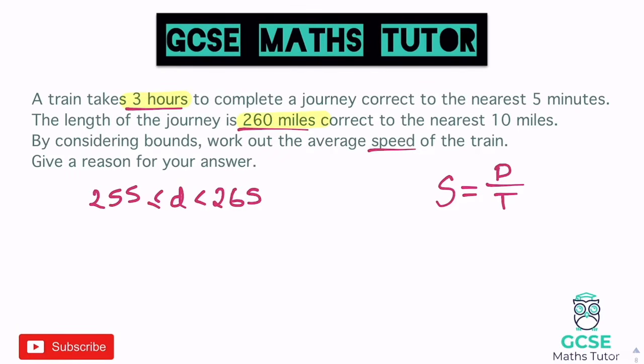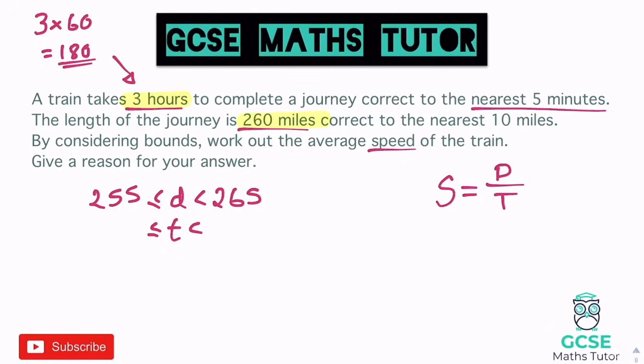Now I'm going to have a look at the error interval for the time. Now this is quite a nasty one here, okay, because it's given us the time in hours and it's given us the error interval in minutes, and it says the nearest 5 minutes. So in order to get this, let's turn 3 hours into minutes. So 3 hours into minutes is 3 times 60, 60 minutes in an hour, which is 180 minutes.